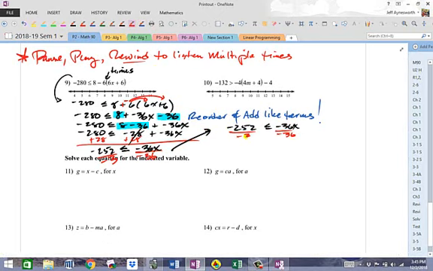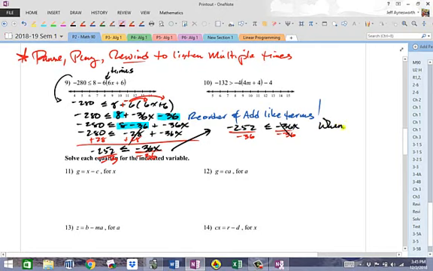I'm not going to go all in depth on this because I've done it so many times in class, but just remember, when dividing by a negative number, switch the inequality.